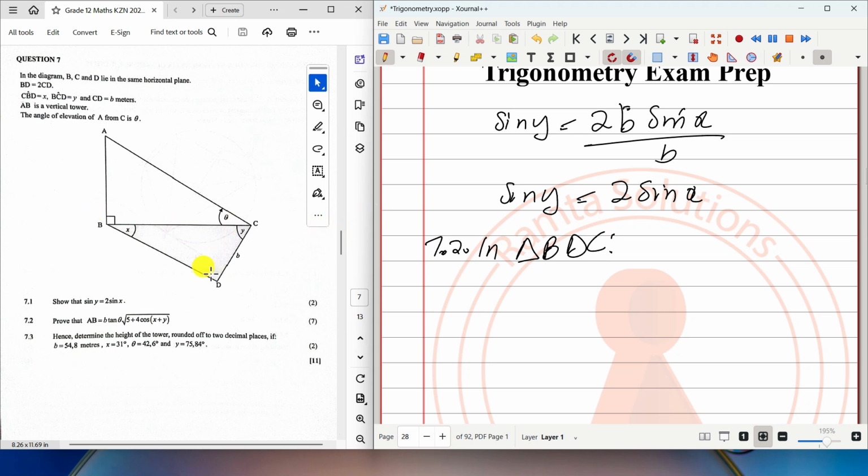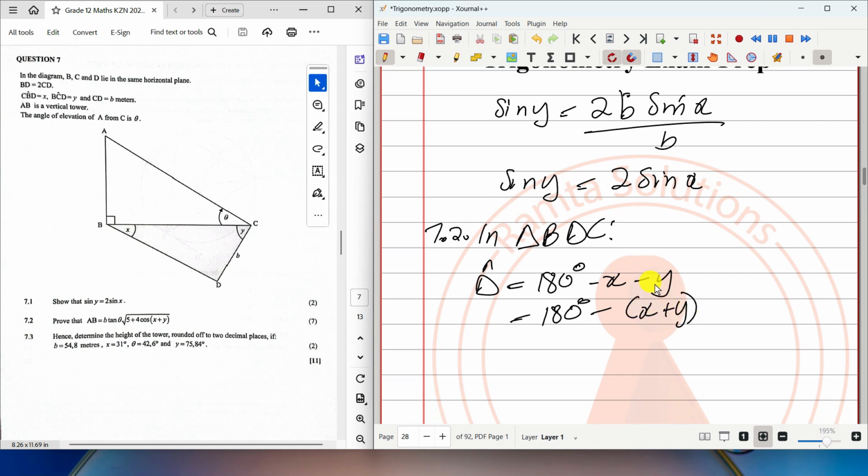To get BC, I know what this guy is, right? So we know that angle D here is 180 degrees minus x minus y. If you like, you can say it is 180 degrees minus, open bracket, x plus y. Is that okay? Perfect.